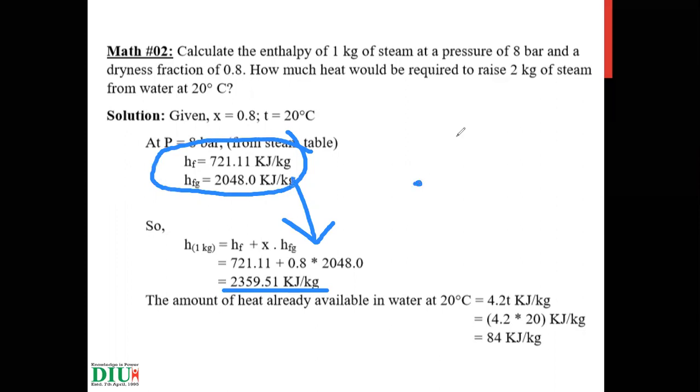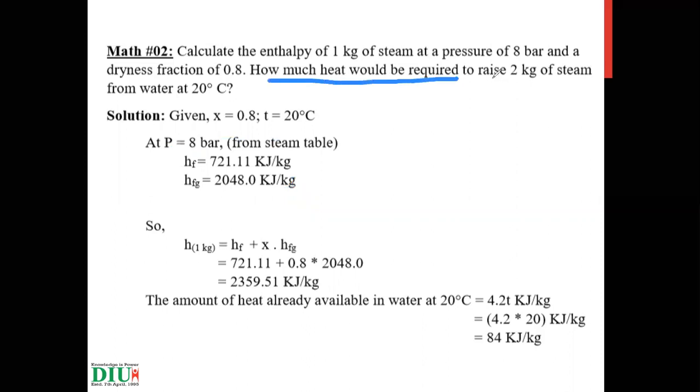Now, interestingly, in the next line we are told: how much heat would be required to raise 2 kg of steam from water at 20 degrees Celsius? It's very interesting. First of all, remember the chart is for 1 kg only. So when it is given 10 kg or 5 kg or 8 kg, first of all you always calculate for 1 kg, then we multiply, because the relation is linear, so we can just multiply, no problem.